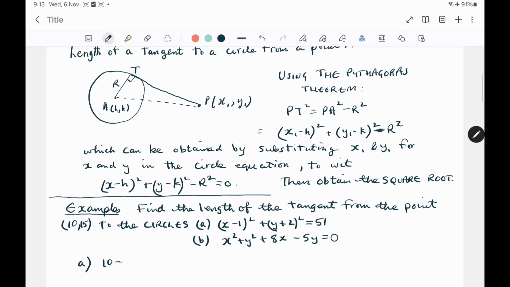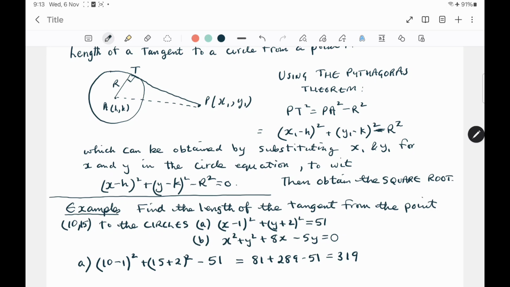We get 10 minus 1 squared plus 15 plus 2 squared minus 51, and that will come out to 81 plus 17 squared, which is 289, and then minus 51, and that comes to 319.